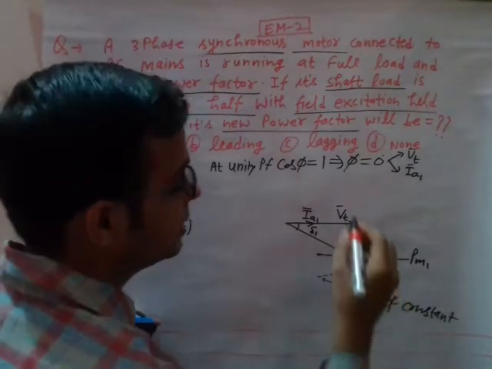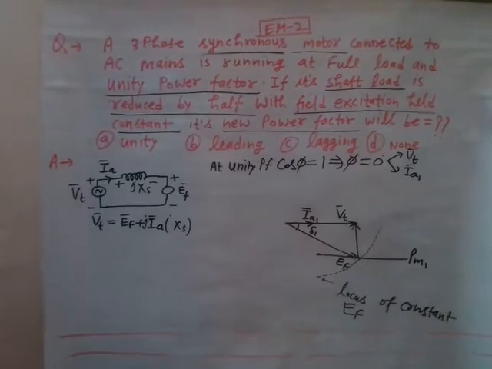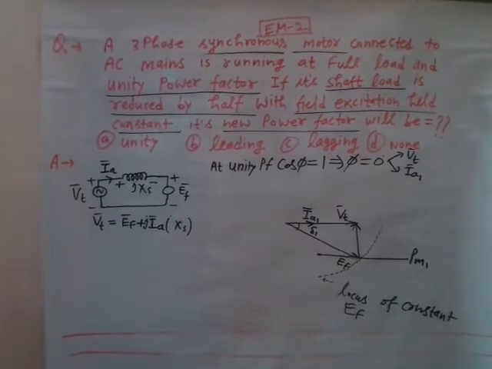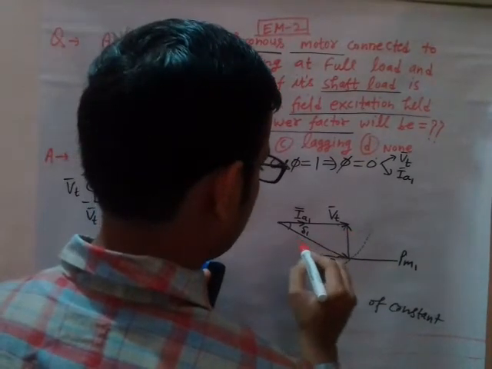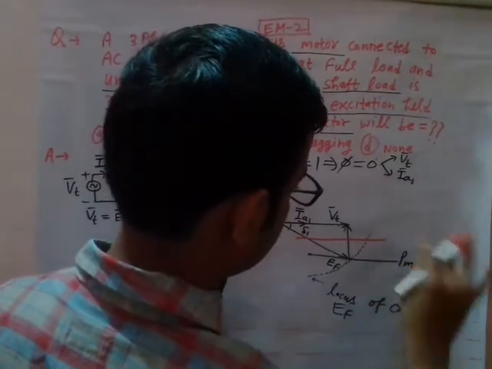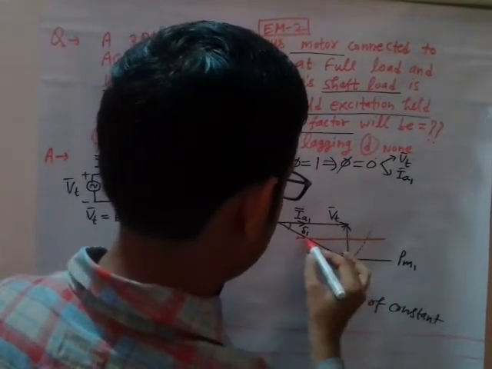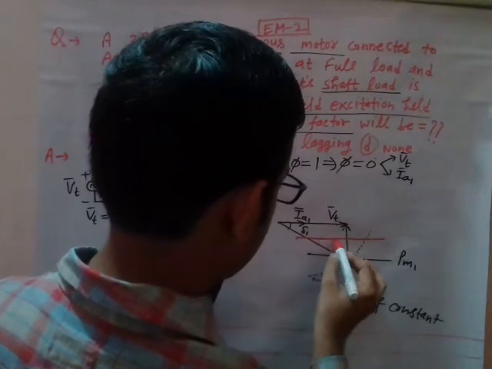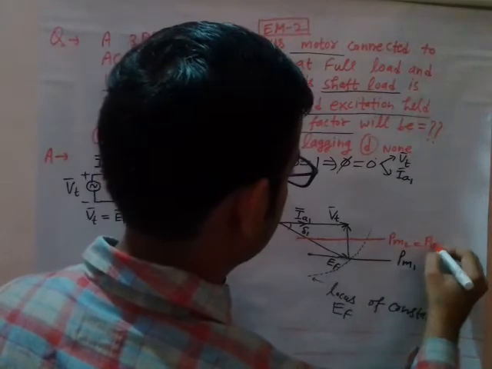Now I am going to reduce the mechanical load by half as per the demand of the question. Suppose this is the new mechanical load, reduced by half. You see this line is a straight line, so PM2 is basically PM1 by 2.